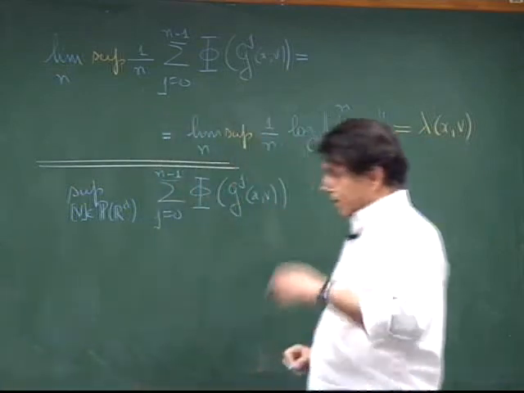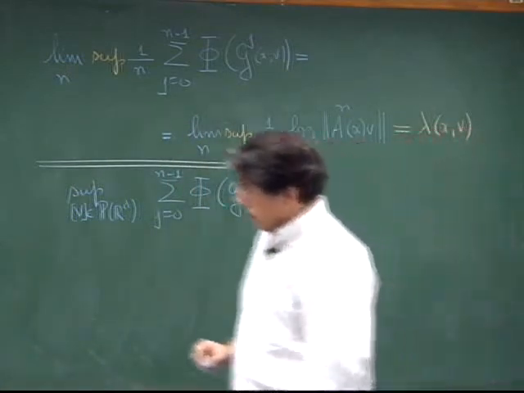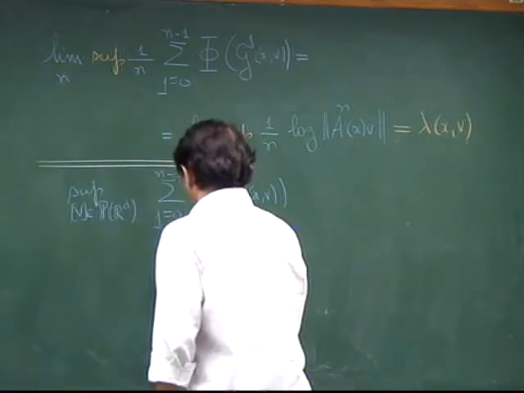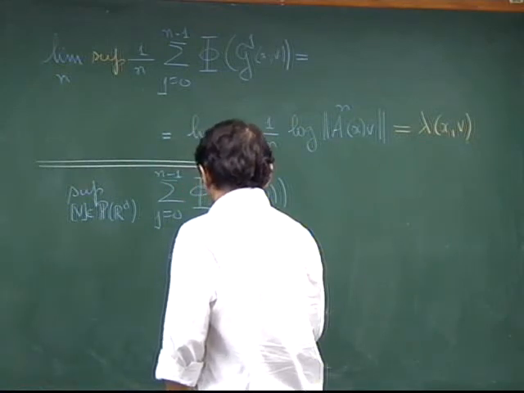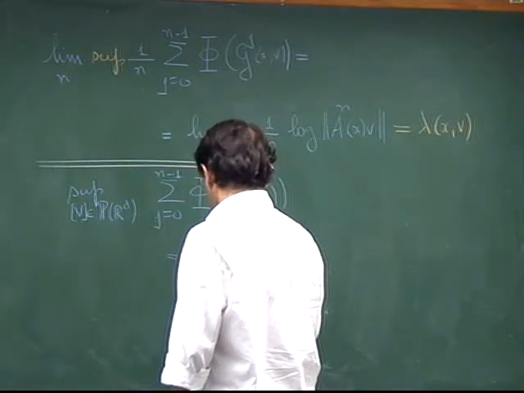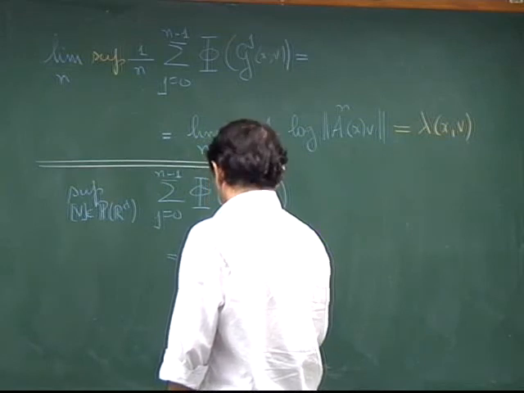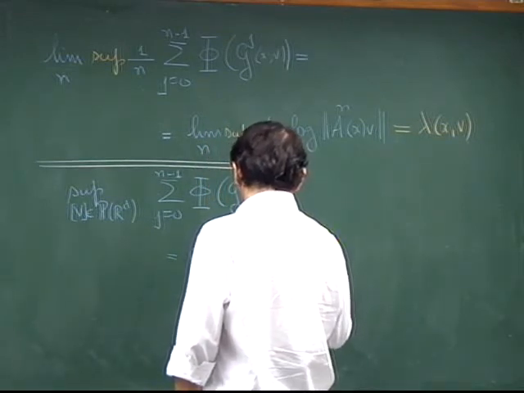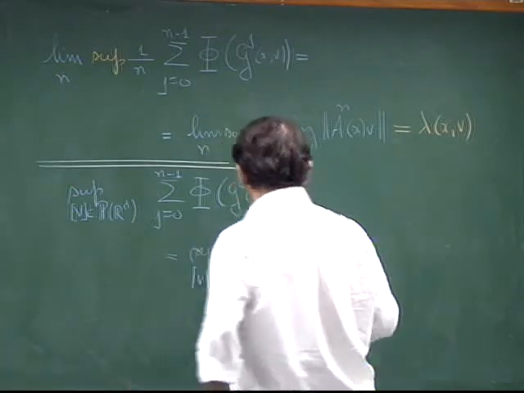What is the sup? My P is the projective space. When I take the sup here, what do I have? Well, for the same reason as before, this is the sup over all v of that formula.